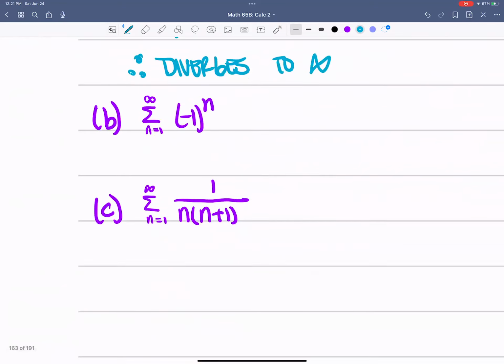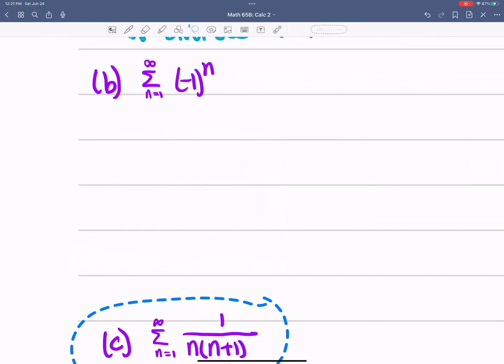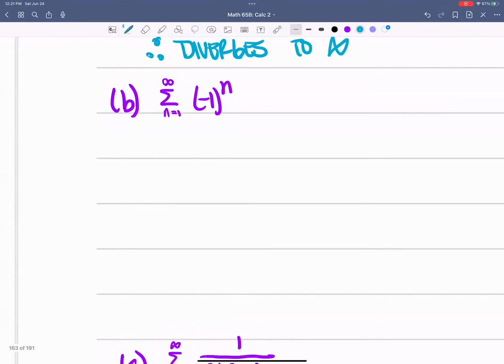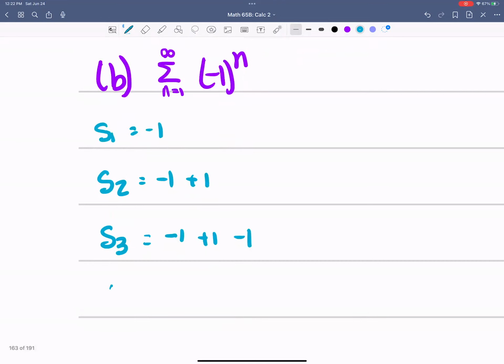All right, let's take a look at this alternating series. S1 is just going to be -1. S2 is -1 + 1. S3 is -1 + 1 - 1. Hopefully by 4 we see some sort of pattern.